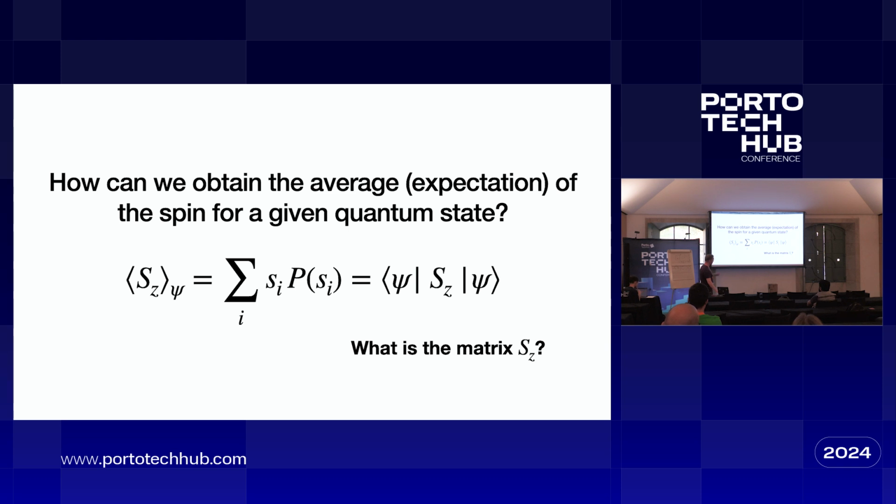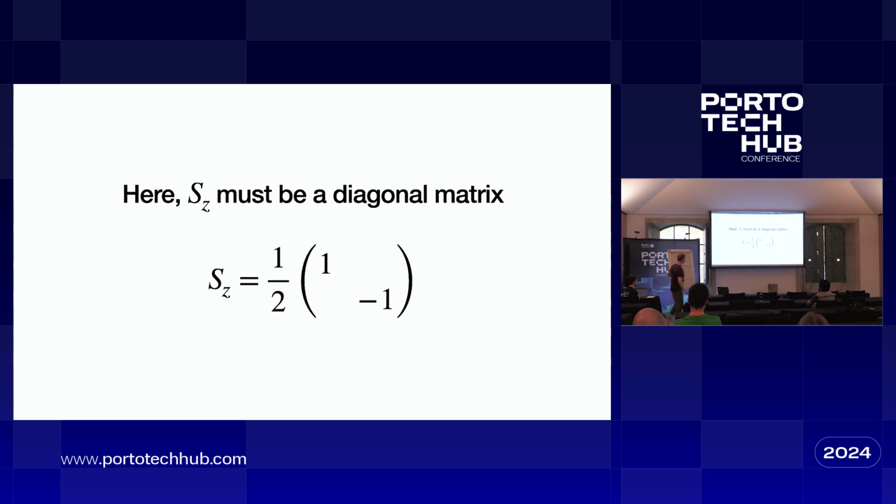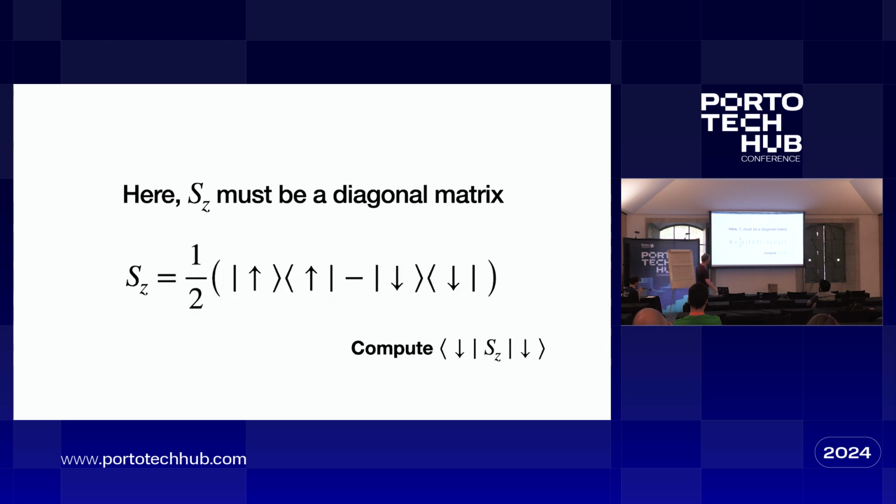So now let's see what was the right matrix for our case of spin in the vertical direction. If we go back a couple of slides and we see the formula I said before, you see that the answer has to be, well, that matrix there, 1, negative 1. Probably. Let's compute it.